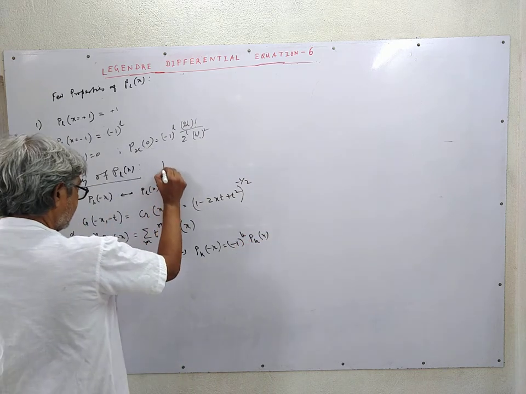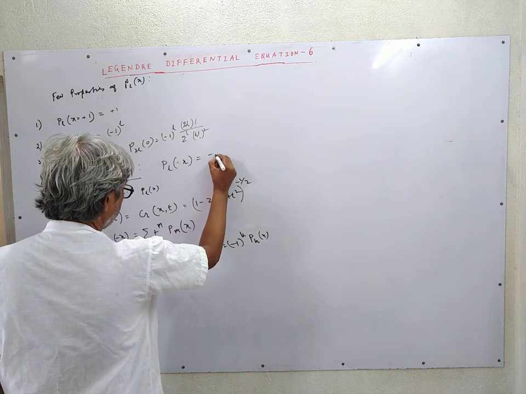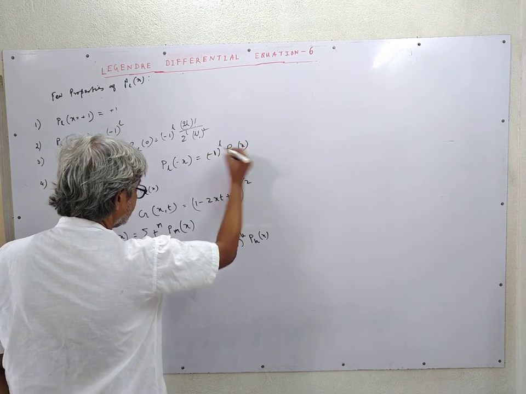So the parity is P of minus l of x is equal to minus 1 to the power l Pl of x.